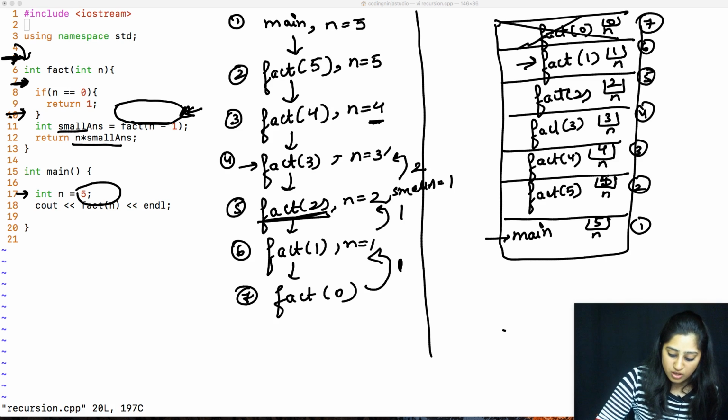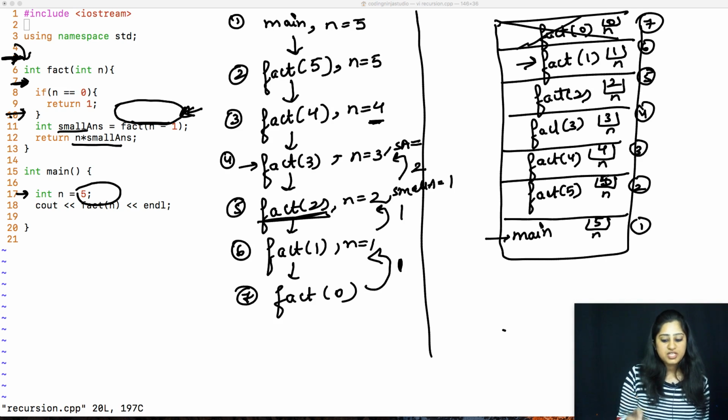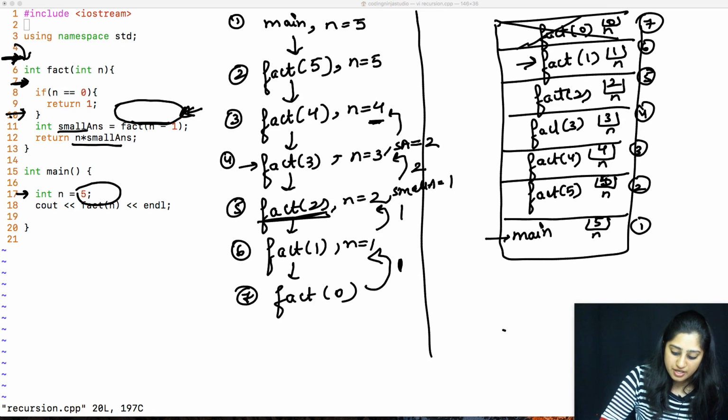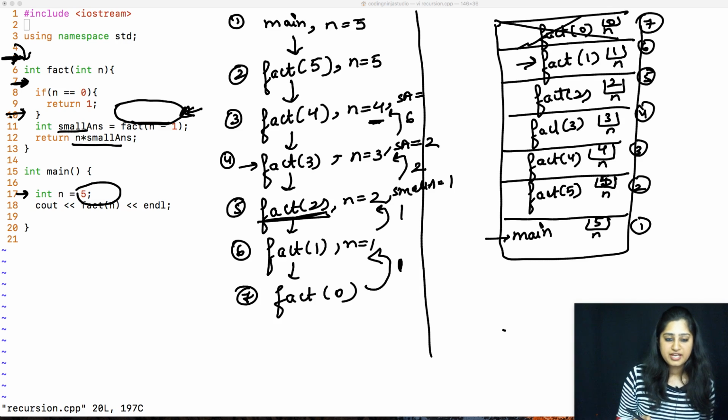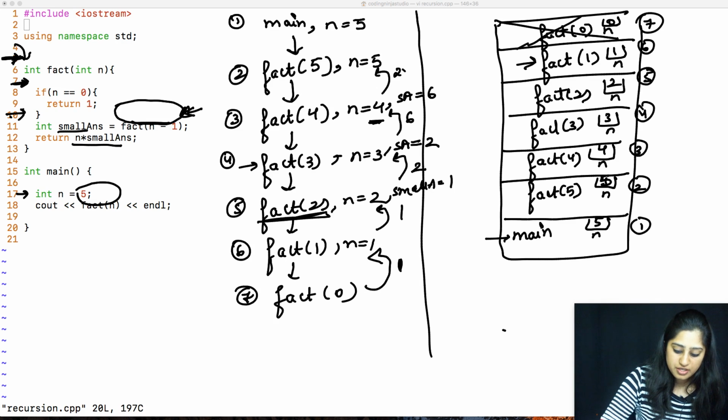So small answer, I am just writing ans here, small answer for factorial 3 would be the answer from factorial 2, that is 2. So it will perform n into 2, that is 6, and return the answer here. Now, small answer for n equal to 4 would be 6. Now, it will calculate 4 into 6, that is 24, and return here.